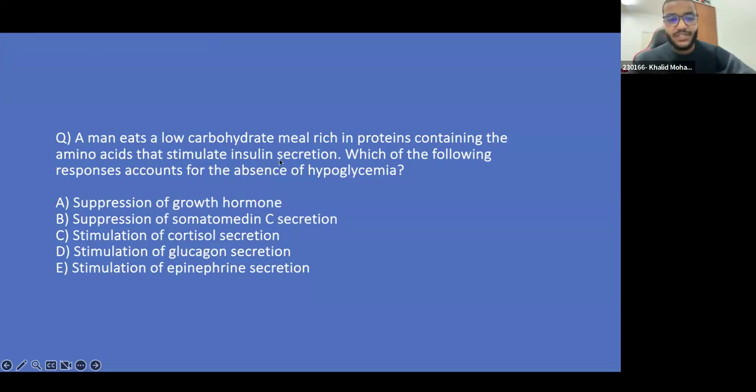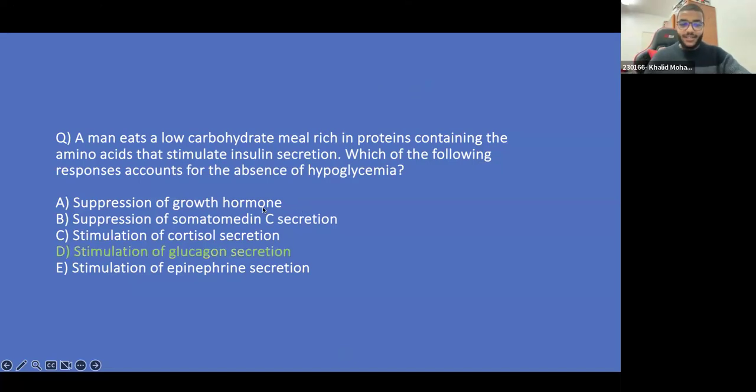Next question. A man eats a low carbohydrate meal rich in proteins containing the amino acids that stimulate insulin secretion. Which of the following responses accounts for the absence of hypoglycemia? I touched upon this. Okay, the chat says D. Good job.